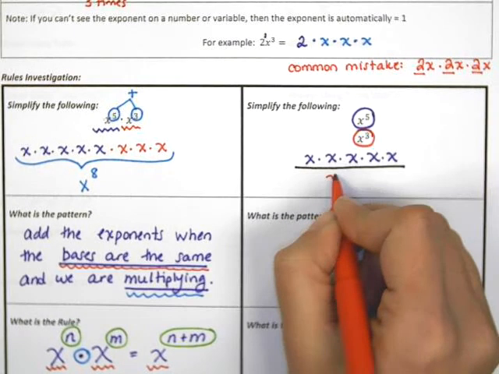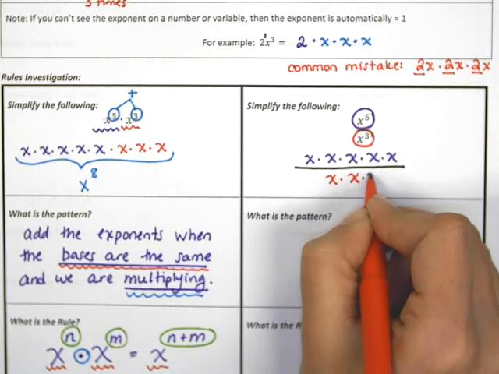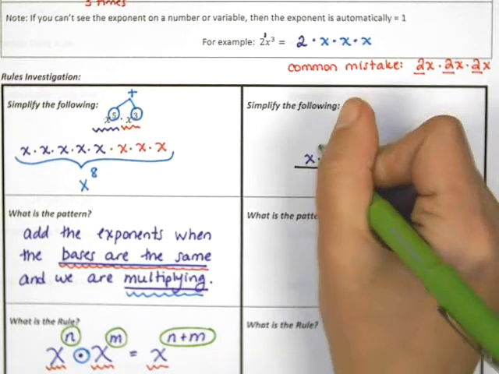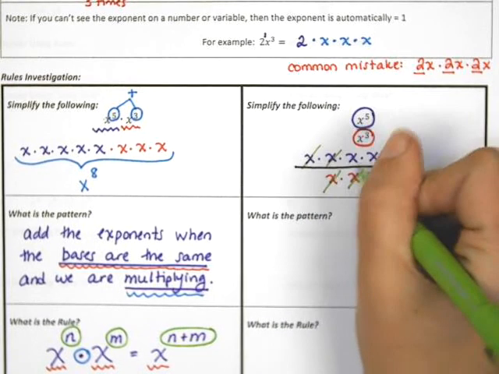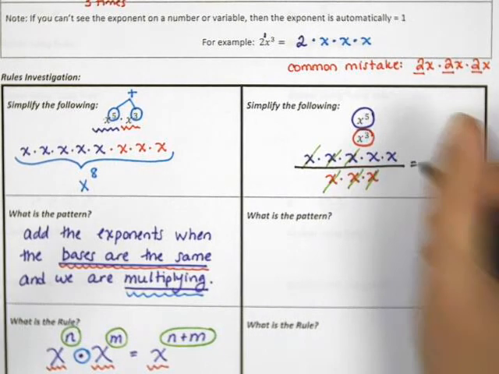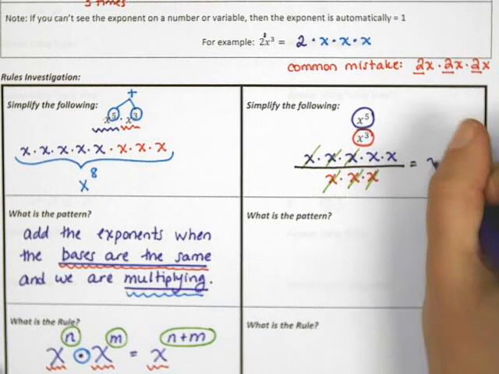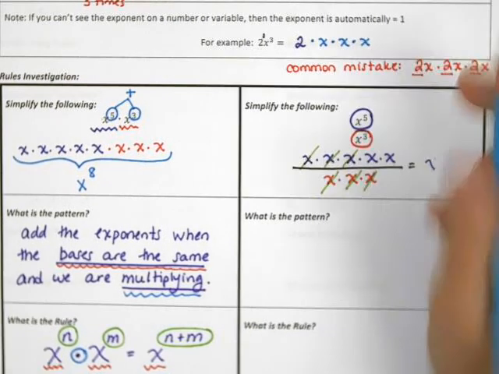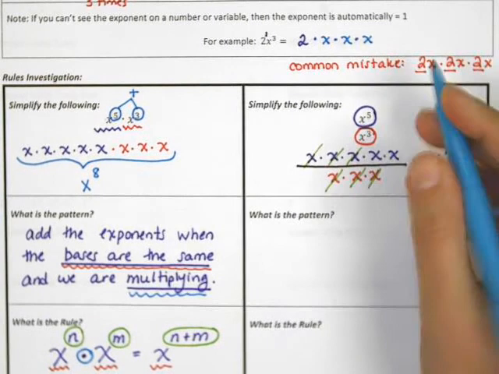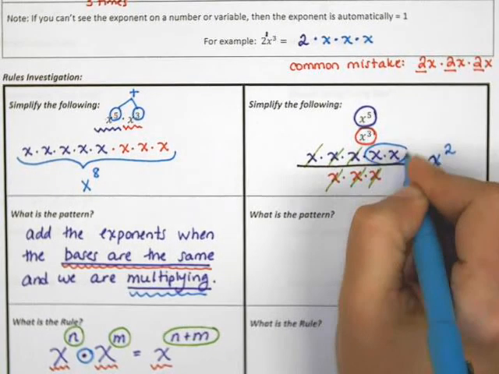So that would be x times x times x. Now when I see that, I notice that 3 of the x's cancel from the top and the bottom. So all that would be left over would be x squared, because there are 2 x's left over.